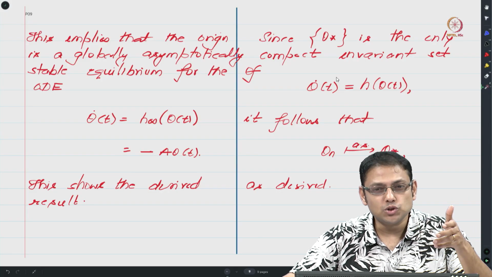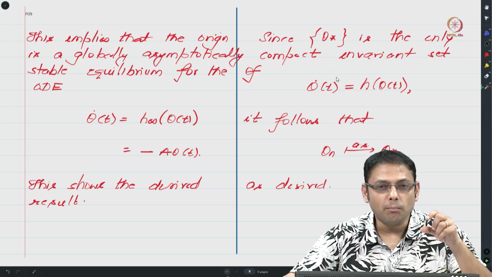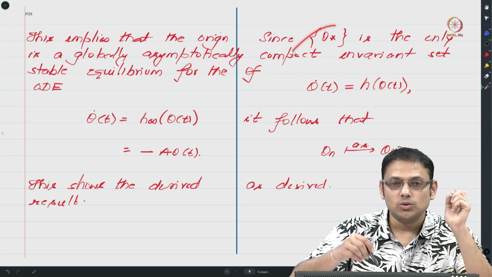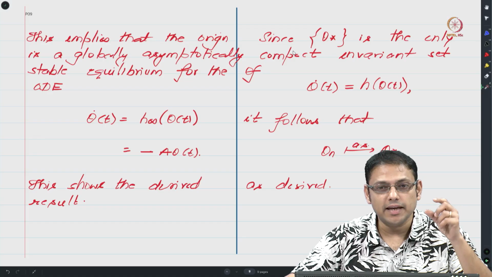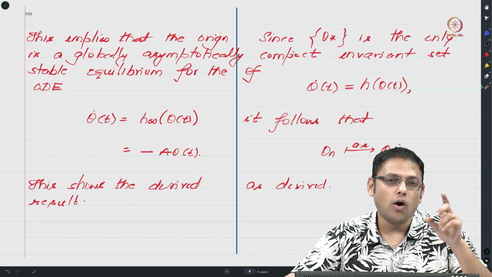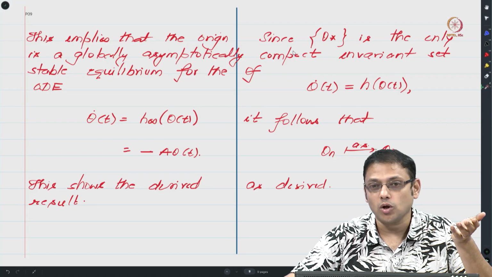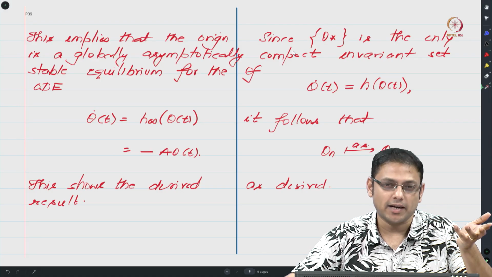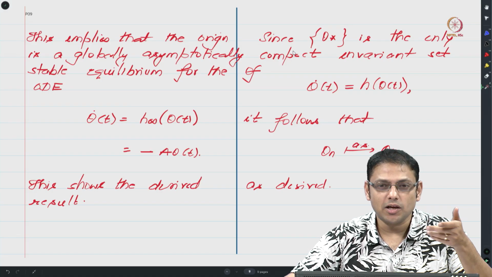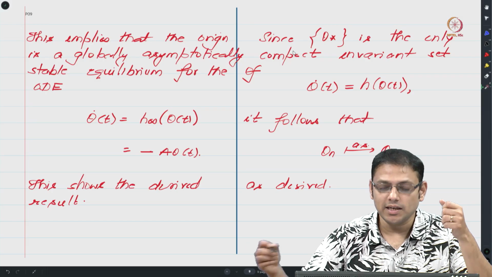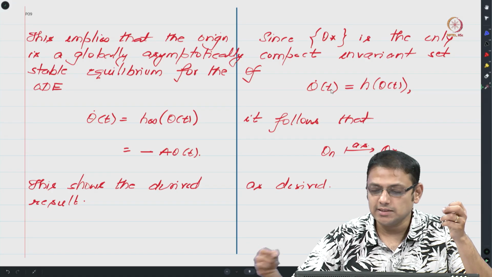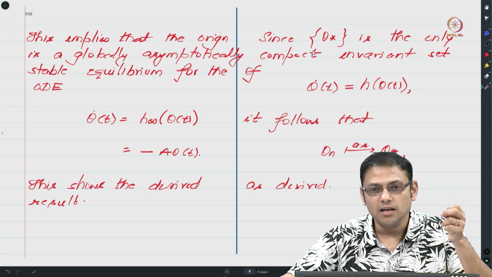But we have already shown that the only compact invariant set of this limiting ODE is actually the singleton set containing theta star, that is the only compact invariant set. Of course R^d is also an invariant set trivially, but that set is not compact. So the only other invariant set, because theta star is globally asymptotically stable with respect to this limiting ODE, is basically the singleton set containing theta star.